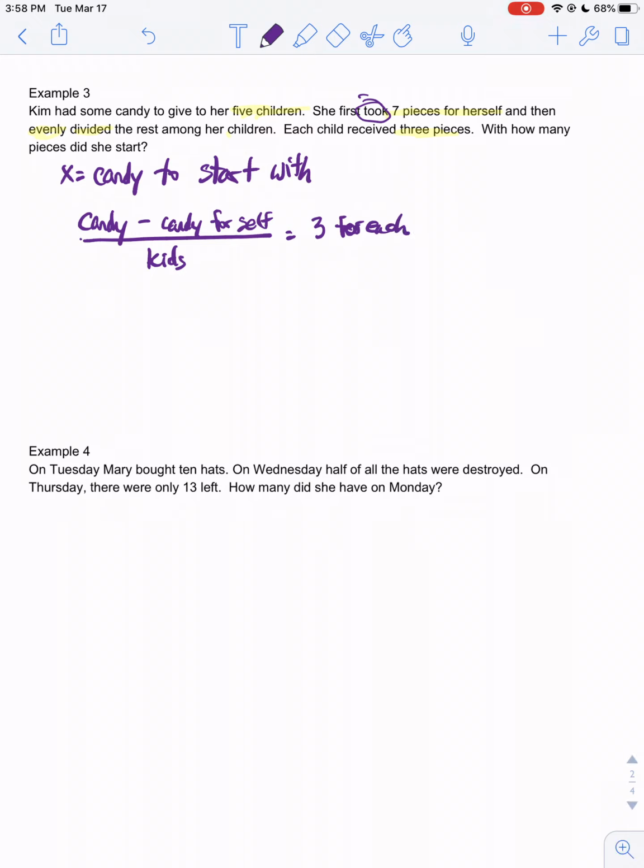So now let's think about how that would look in an equation. So candy is what we don't know. We don't know how much candy to start off with, so that would be X minus. Then this Kim, she took 7 pieces, so that'd be minus 7. But then after she took the 7 pieces, then she divided the rest among her kids, and we know she has 5 children, so divided by 5 equals, and each child after you divide it, they each got 3. So that's my equation here.